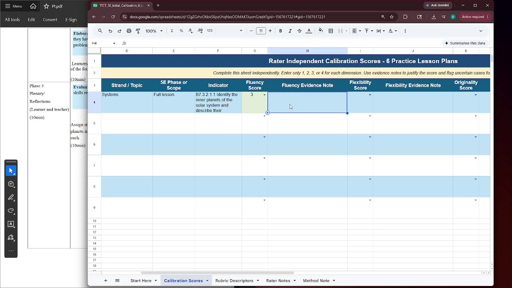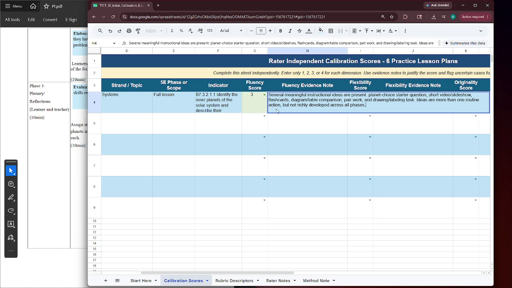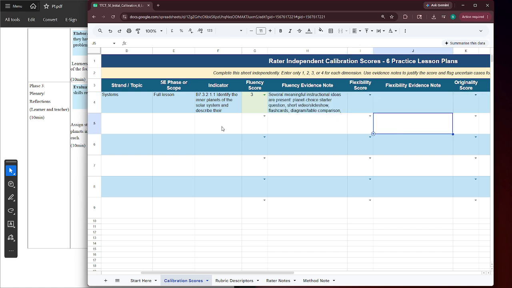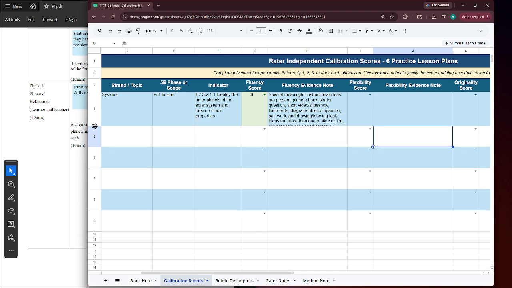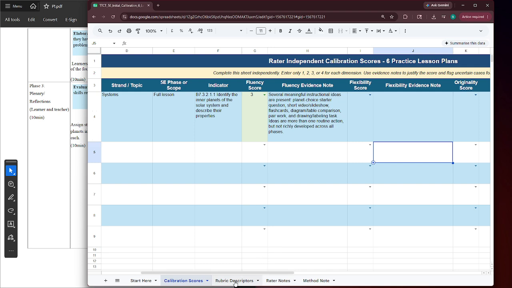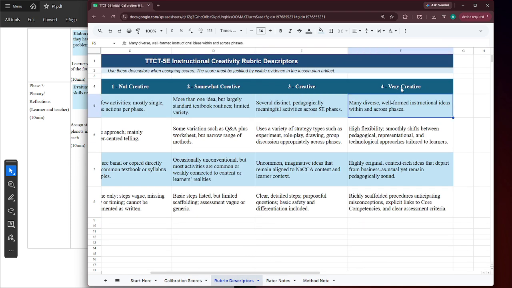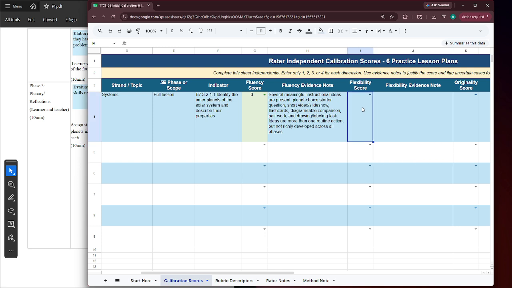And then the evidence note, I'll just say is because it has several meaningful instructional ideas, but it didn't cut across all the phases. Some phases were more dominant than the others. If it cut across all the phases, it means it qualifies to be graded as very high, right? Good. So that is for fluency.